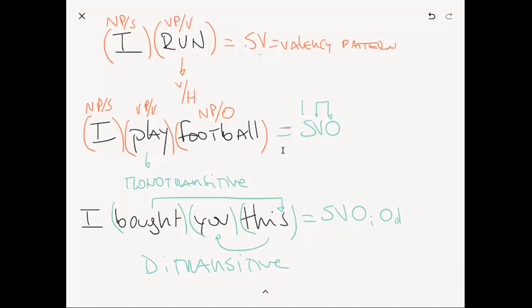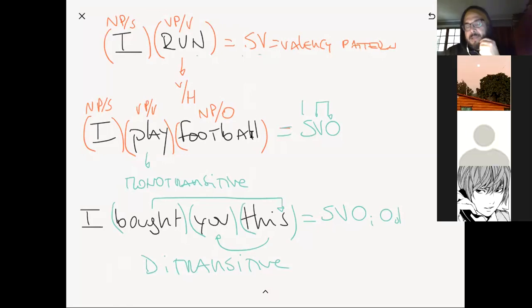¿Ok? Esto está lleno de pillerías. La primera pillería es que yo separaría los valency patterns en un principio. ¿De qué forma? Diría que los sujetos y los objetos son entidades.